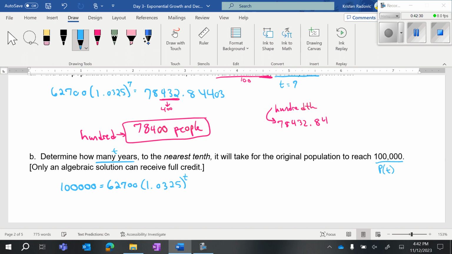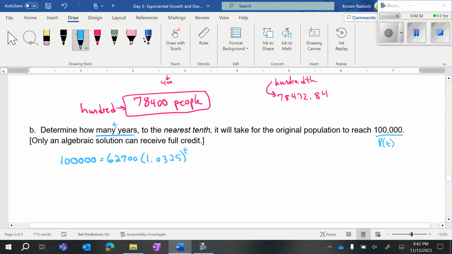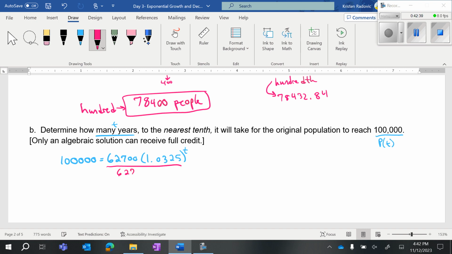times 1.0325 to the t. Okay, you're solving for t. And notice that because you're increasing, you're going from 62,000 up to 100,000. Your first step is going to be divide by the coefficient, always. And that doesn't even give you a point on the regions because they expect that part to be easy.